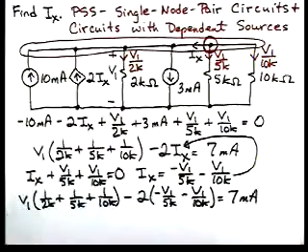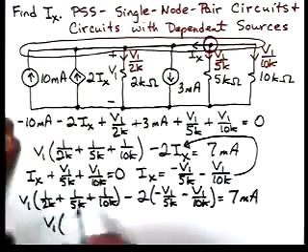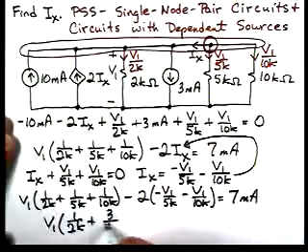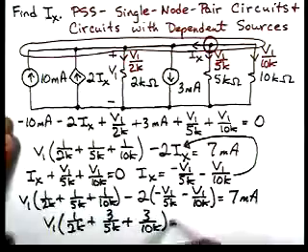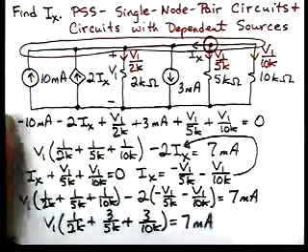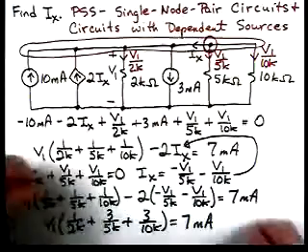And if we collect up terms, simplify, we'll have V1 times the quantity 1 over 2K plus 3 over 5K plus 3 over 10K is equal to 7 milliamps. And we need to continue to simplify that so we can solve.